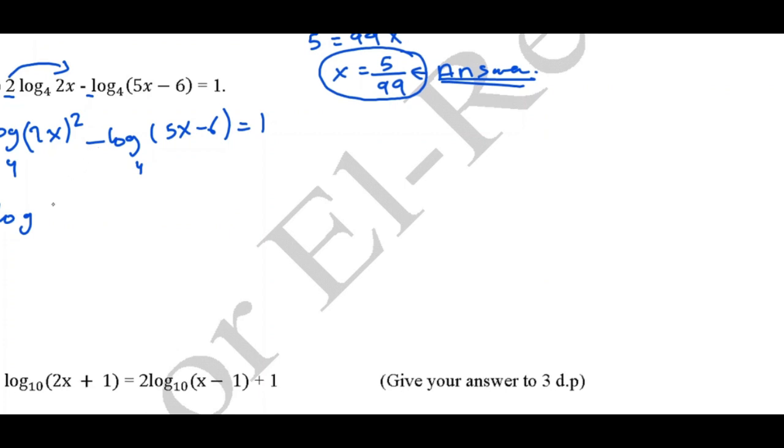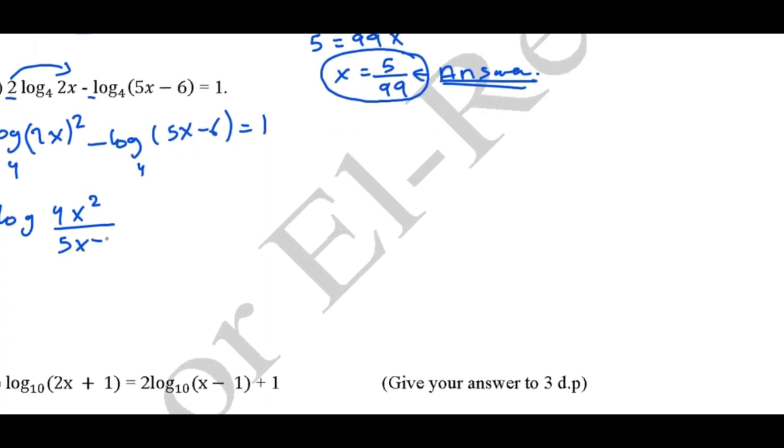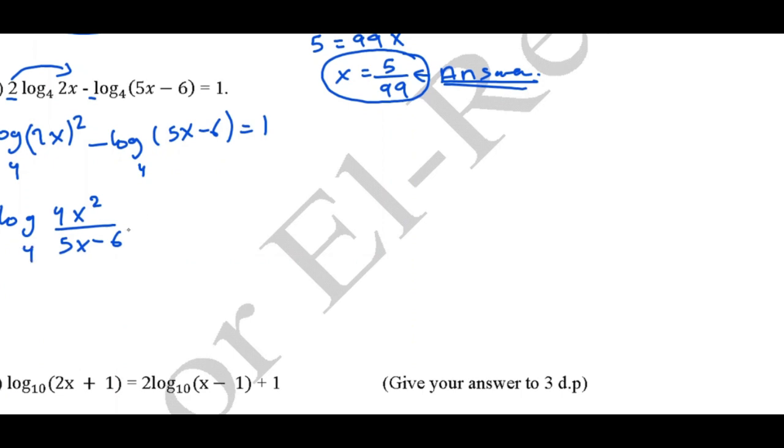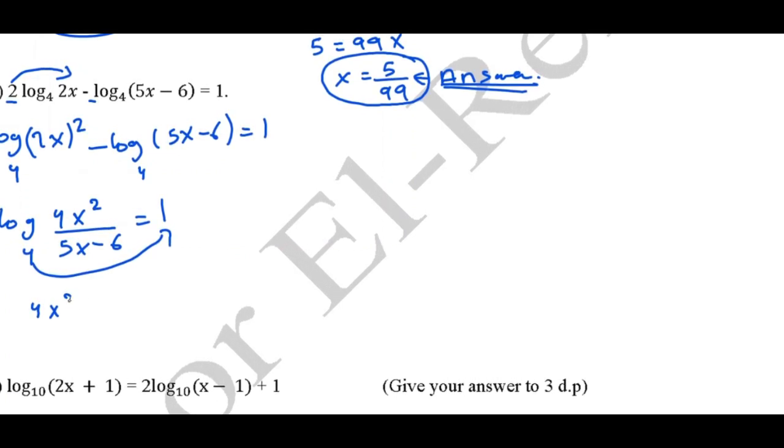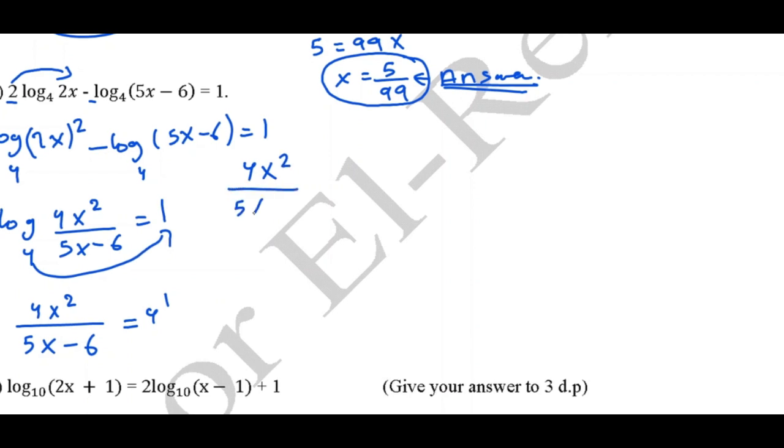So it will be log of 4x squared over 5x minus 6 to the base 4 equals 1. Converted to the exponential form, 4x squared over 5x minus 6 equals 4 to the power 1. 4x squared over 5x minus 6 equals 4.